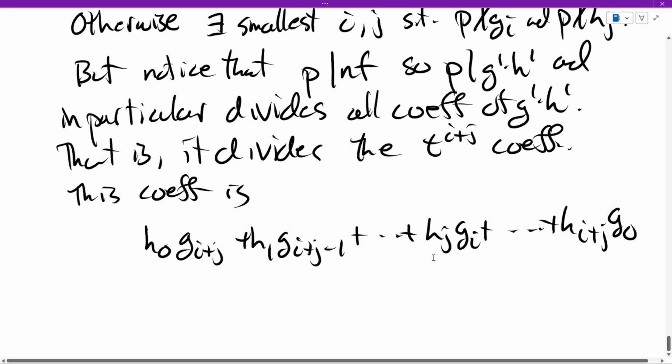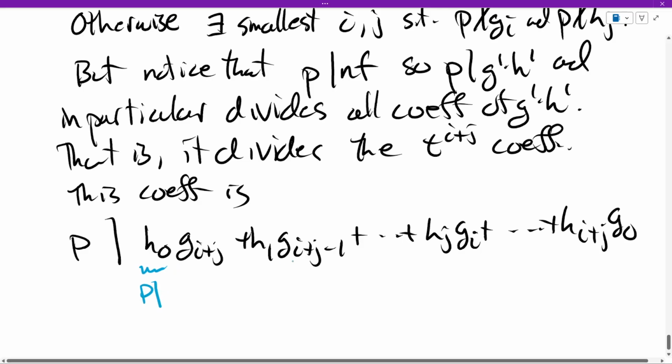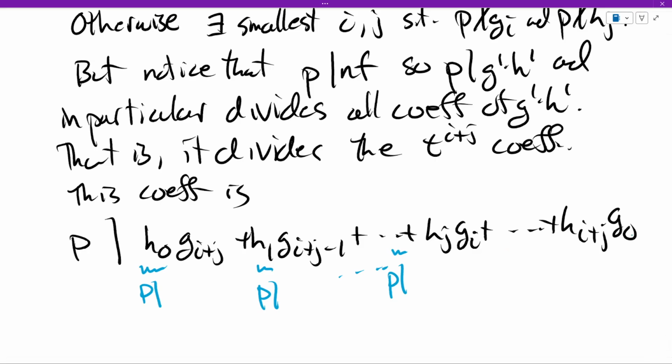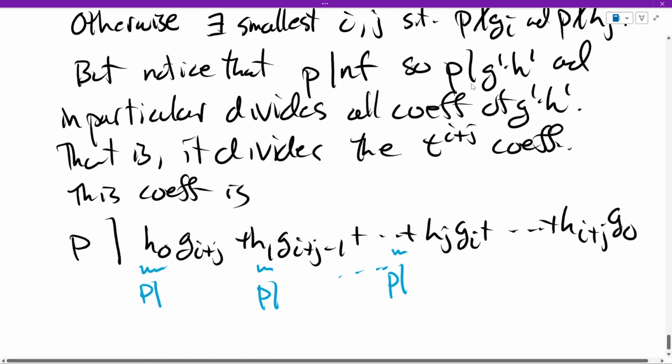All right. So I know that p divides this coefficient. But we also know that p divides all of the coefficients less than Hj. So p divides this one, p divides this one, and p divides the one right before this. Also, going from right to left, p divides all of the coefficients of G that are less than i.